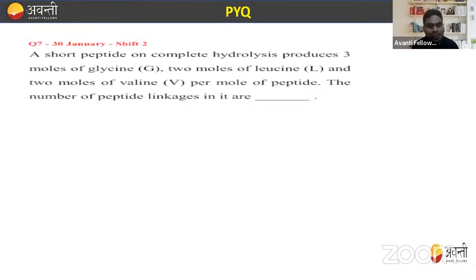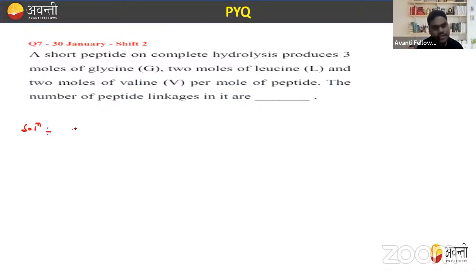Okay. Now, let's move to the next question. The question says a short peptide on complete hydrolysis produces 3 moles of glycine. So what does it produce, beta?